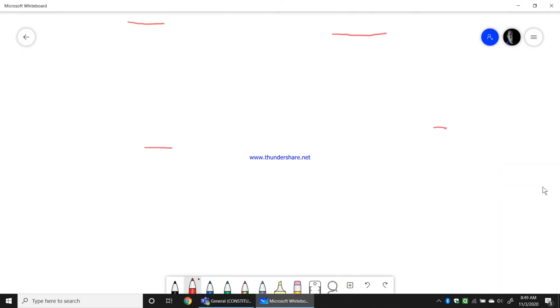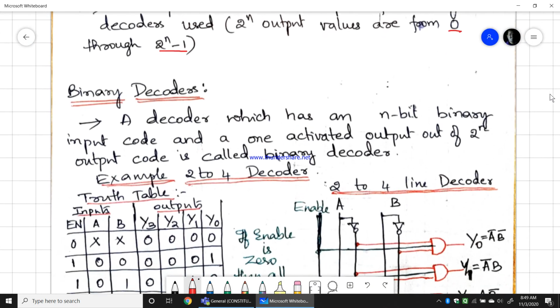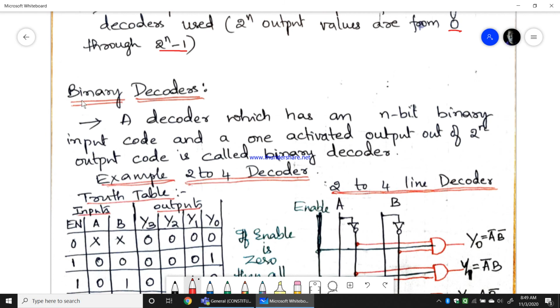Now coming to binary decoders. What is a binary decoder? It is very simple. Whatever we have learned just now is what is normally called a binary decoder, where a binary decoder will always have an n-bit binary input code, and any one output will be activated out of the 2 power n output code.